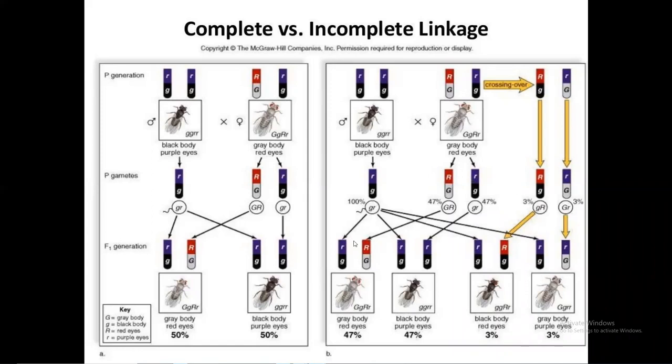So small r, small g, along with another combination, can be capital R, capital G. If we write the genotype, capital G, small g, capital R, small r. This genotype gives gray body and red eyes. These are 47%.